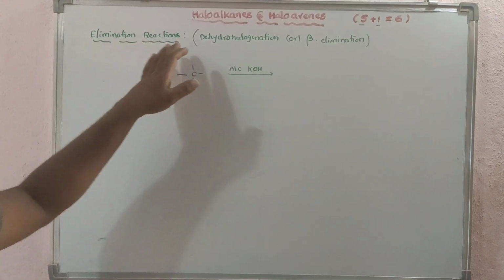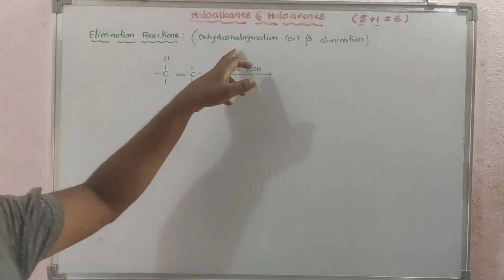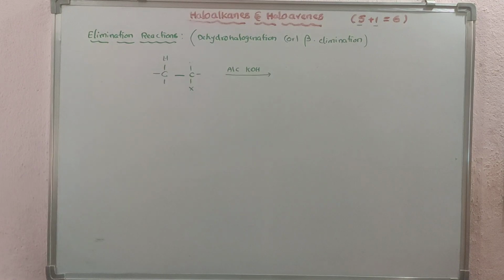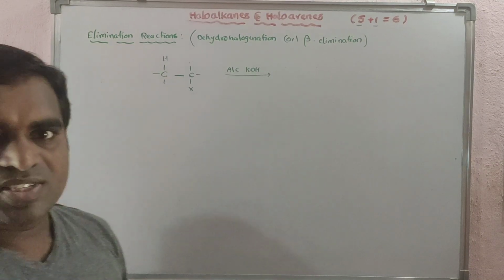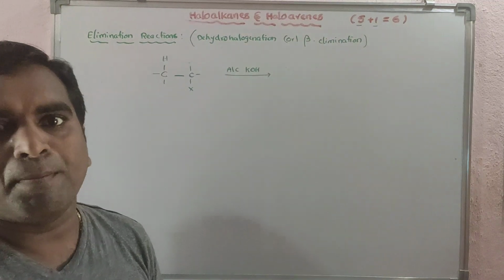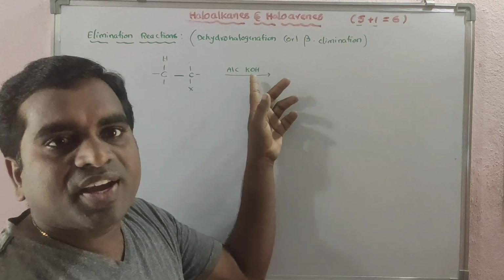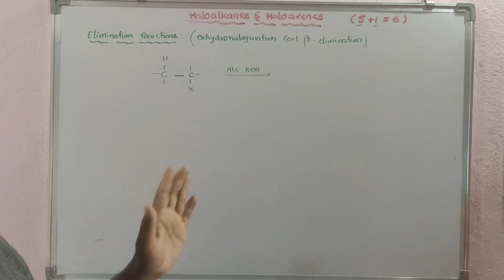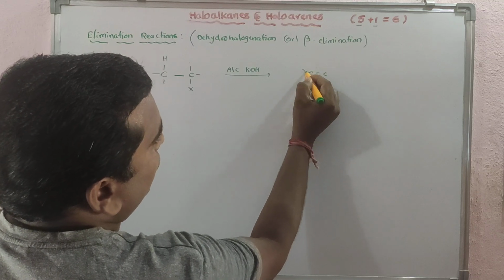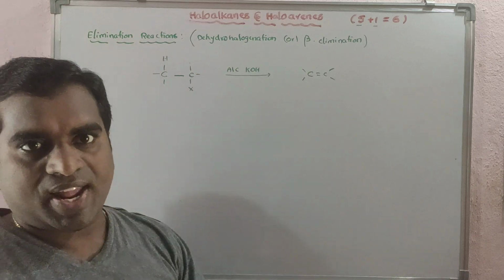Next one is elimination reactions, and these reactions can also be called dehydrohalogenation or beta elimination. Why, I will discuss. So what are the elimination reactions? When alkyl halides containing a beta hydrogen atom are heated with alcoholic KOH and form alkenes, these reactions we call elimination reactions.